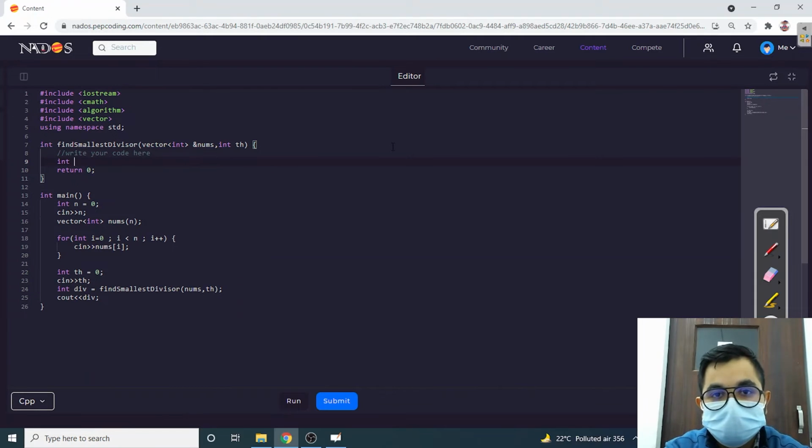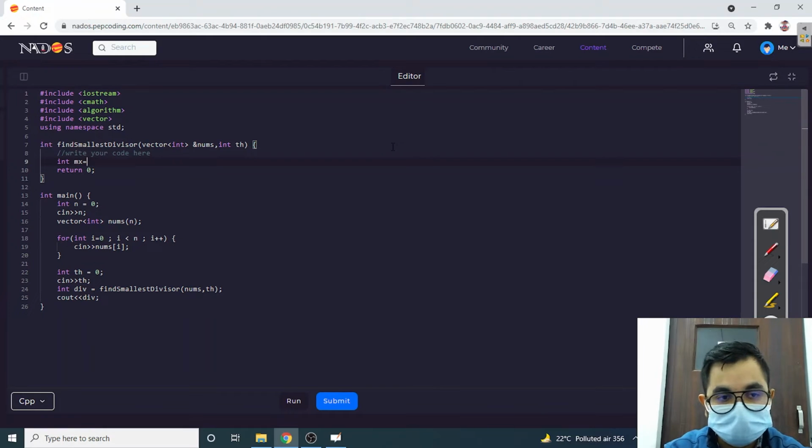So similarly, what we were doing earlier in Koko eating bananas, we are going to do the same thing. And like now we have learned, we are first going to find the max in the number of integers that we have been given.